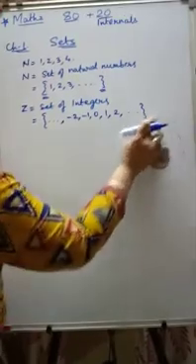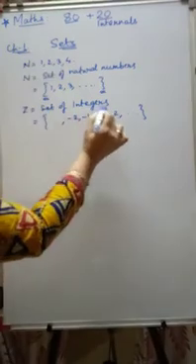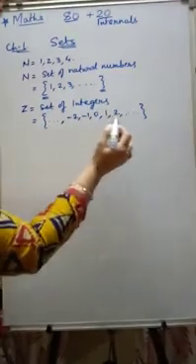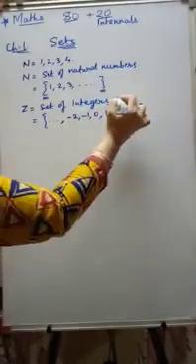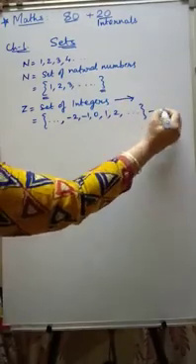Now there are two ways to write a set. You must have seen I have written the set of integers, with -2 and commas. What do you mean by this way and what do you mean by this way?